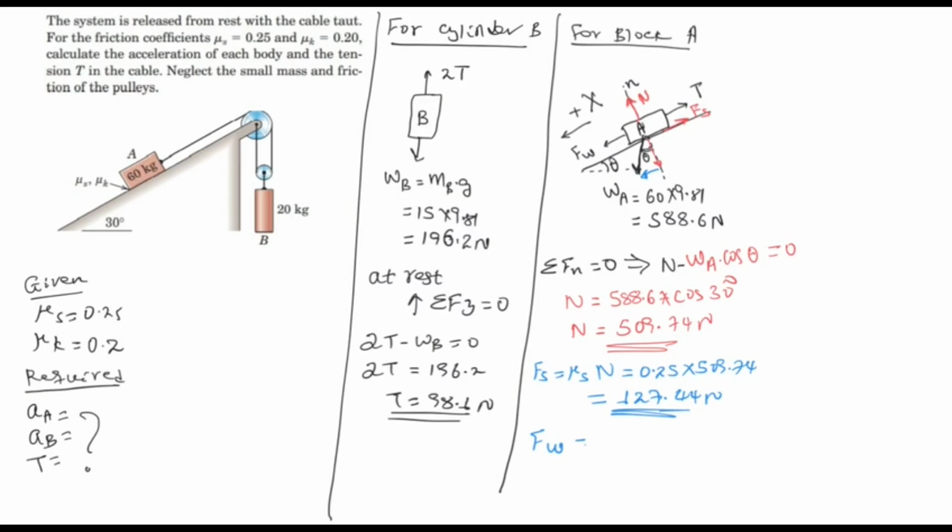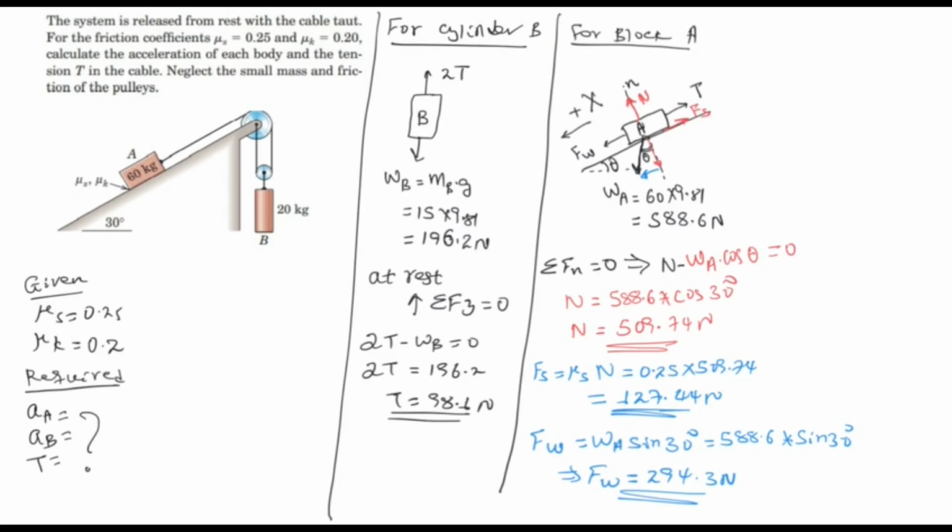So Fw is equal to W of A sine 30 degrees. We know that the weight of A is 588.6 times sine 30 degrees. If you multiply that, we'll get Fw, the force in the x direction, as 294.3 Newton. So this is Fw.